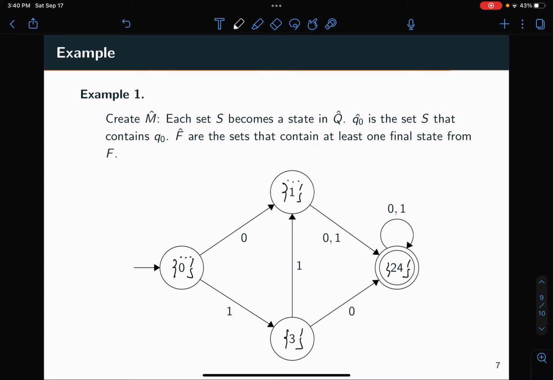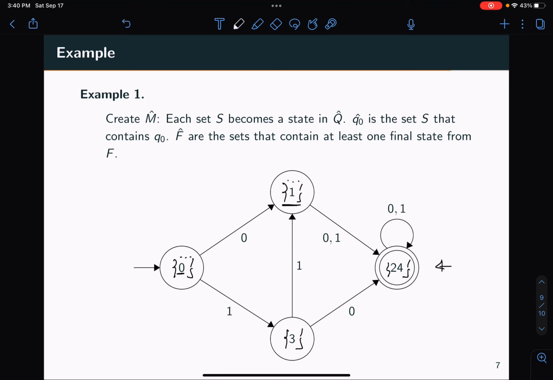Otherwise, my algorithm wouldn't have stopped. And so I read the transitions from M, and I apply them to my partitions, and I get this machine.